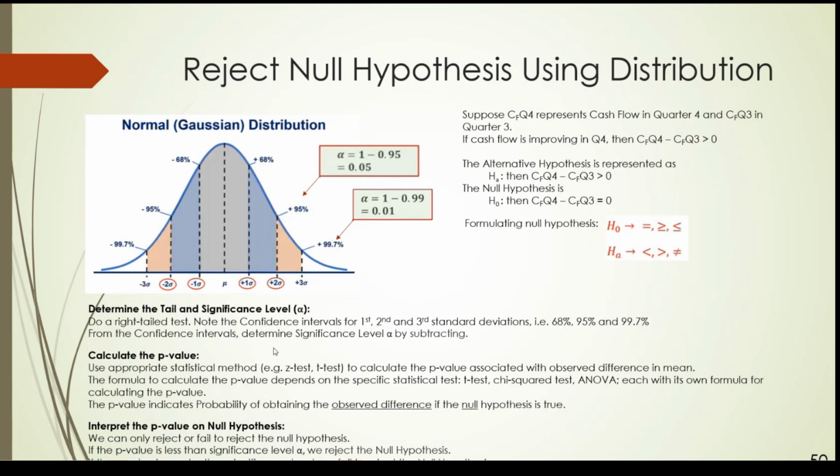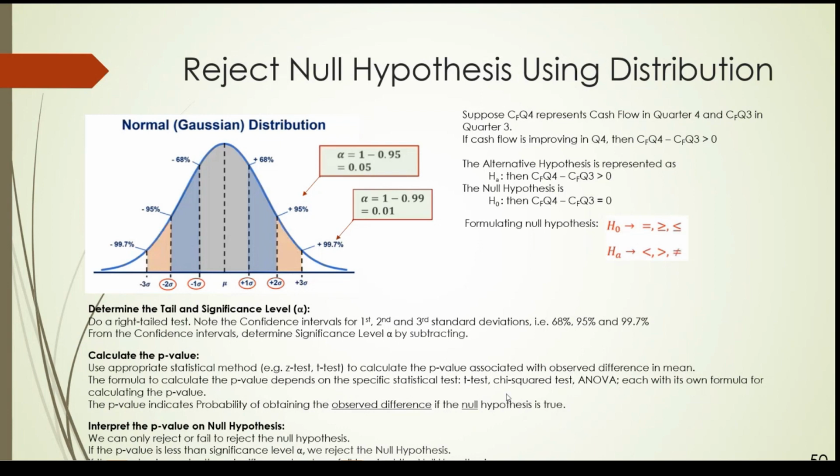So we have to determine the significance level alpha first. Then based on the data we have collected, we determine the mean. And then we use a z-test formula to calculate the p-value. You can use z-test or t-test to determine the p-value, the probability value.